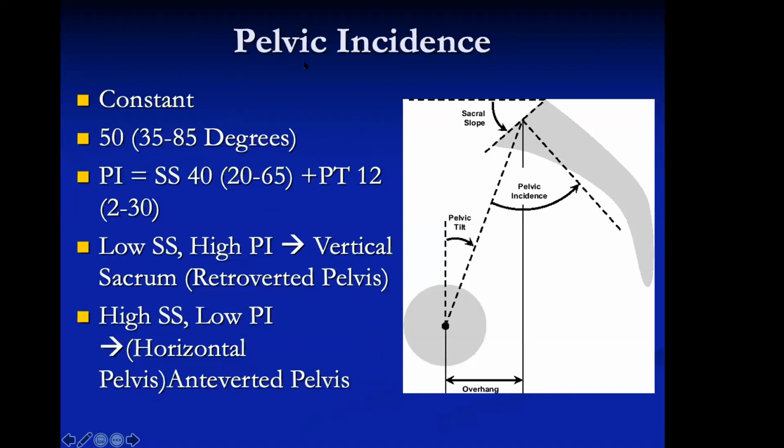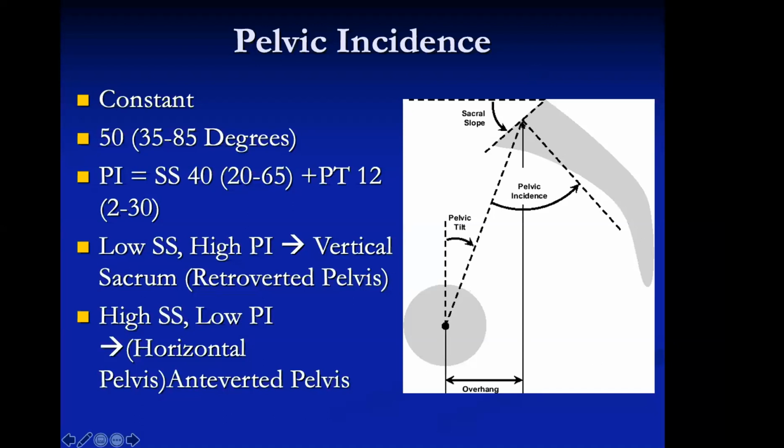There are some measurements in the pelvis that you should know. This is the superior end plate of S1, and this is the femoral head. There is a line perpendicular to the superior end plate of S1, and a line which goes from the same point, at the center of the S1 superior end plate, down to the center of the femoral head.